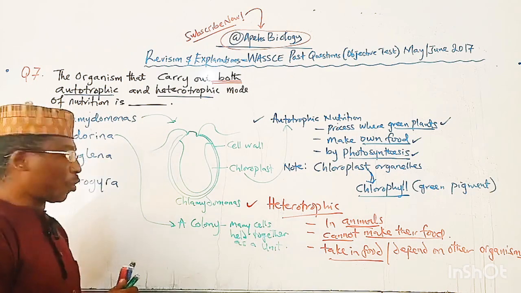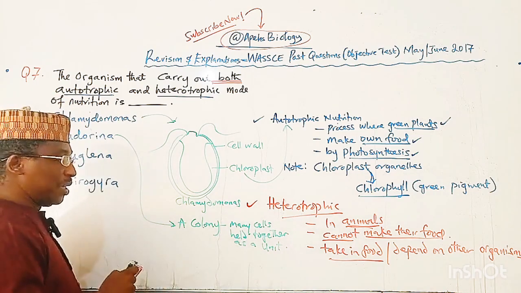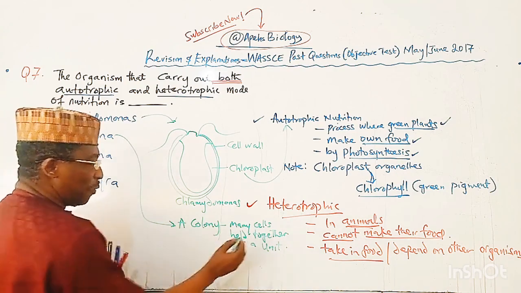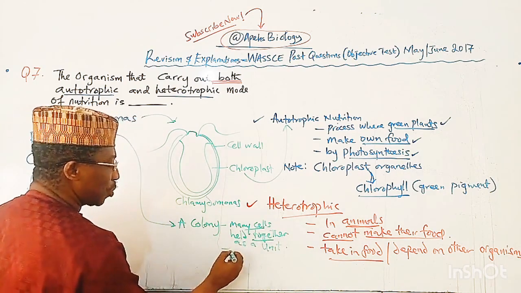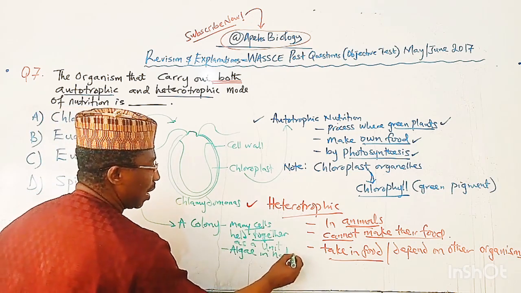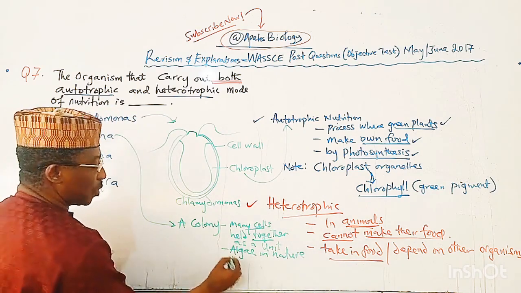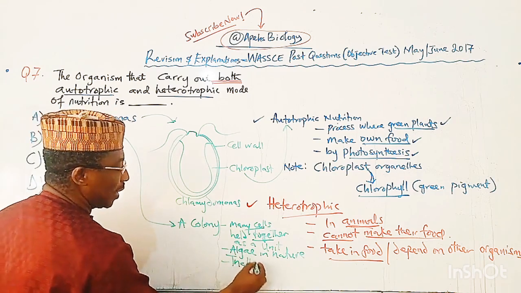That is what we call a colony. Apart from Eudorina, most of them are algae in nature, and they belong to the group of organisms that we call the Thallophyta.